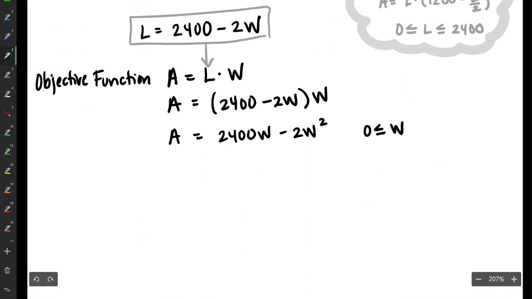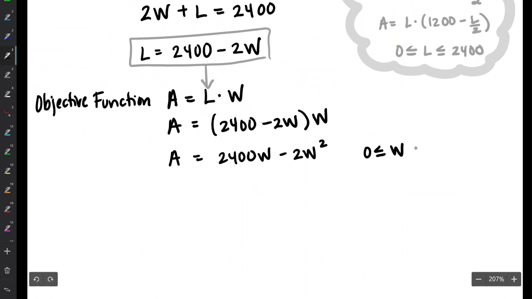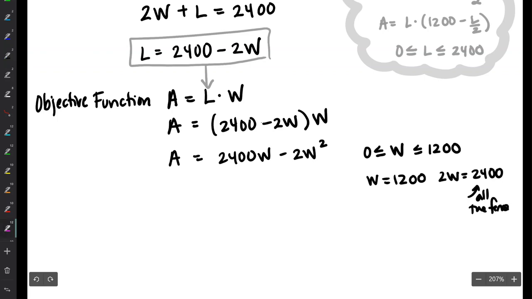So you know that half of that is the biggest W could be, right? If W equals 1,200, 2W is already using up all the fence. All right, so here is my objective function, and here is the domain.